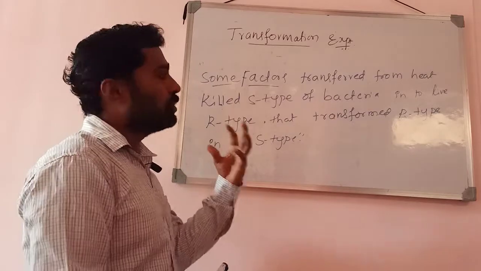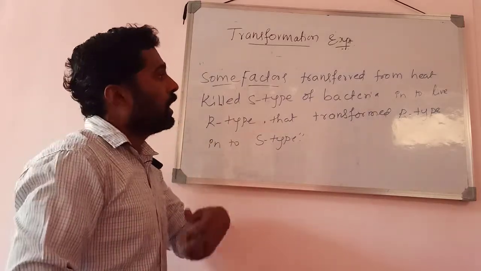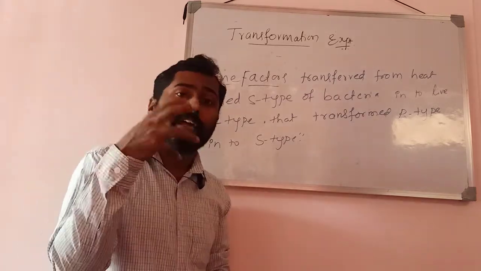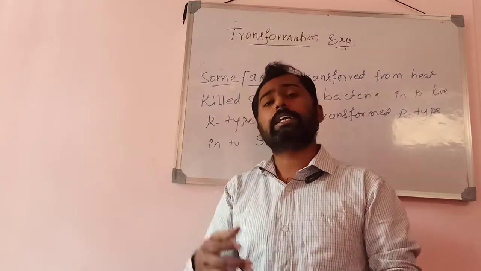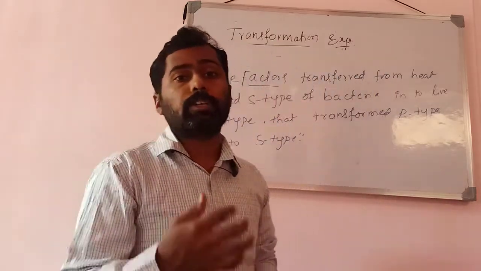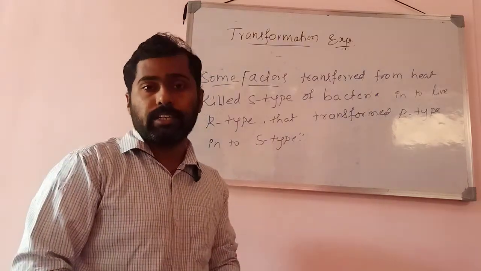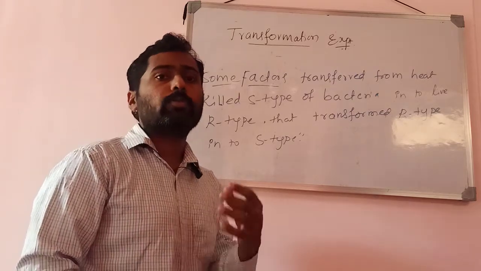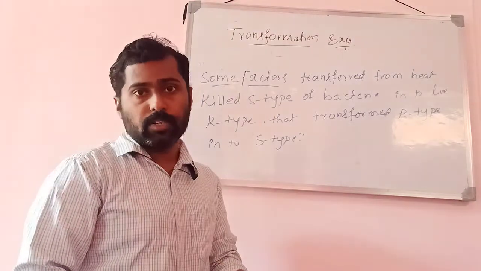But he was unable to identify what that factor is, what that molecule actually is. What causes the conversion of R type into S type, what is behind that transformation, he couldn't identify. But later, Griffith's work was repeated and conducted by three other scientists, Avery, MacLeod and McCarty. They carried out the same work as Griffith, but they did in vitro studies, not in vivo.